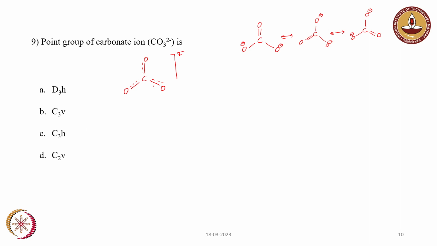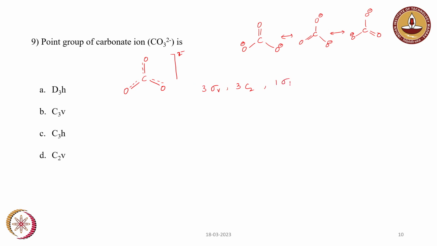when we have a molecule that is a trigonal planar geometry which has high symmetry, they are in D3h point group. So in D3h, there will be three vertical plane sigma v and three C2 axis will be present.